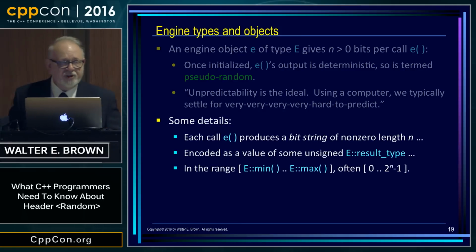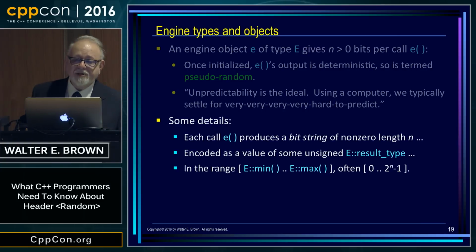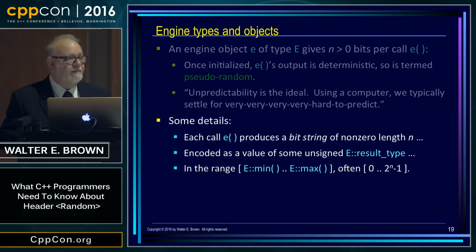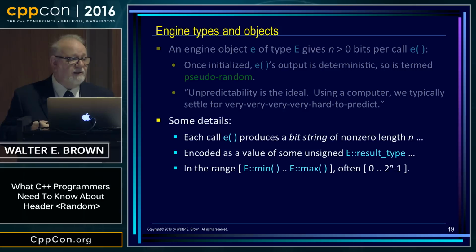Now, there's some details, right? When you call an engine, what you get is often called a bit string in other contexts. It has a non-zero length. It's encoded as some unsigned type. There's a reason for that. Long ago, when we were designing and experimenting with this stuff, our initial idea for an engine was you make a call, you get a bit. You want another bit, you make a second call.